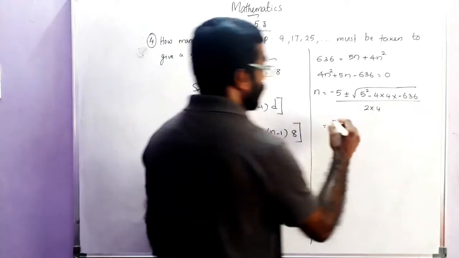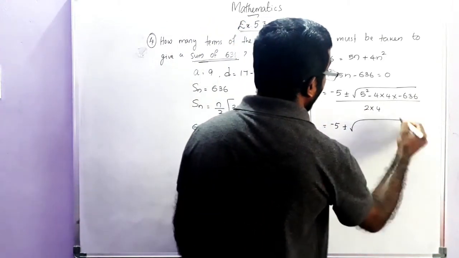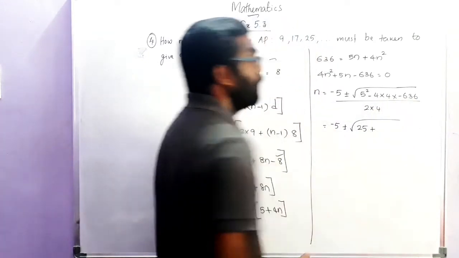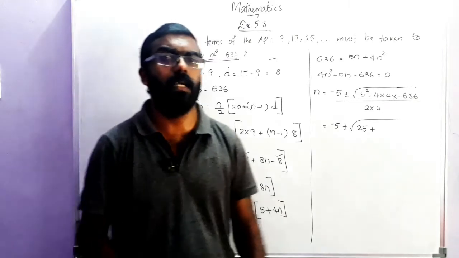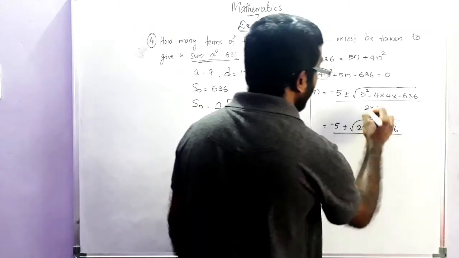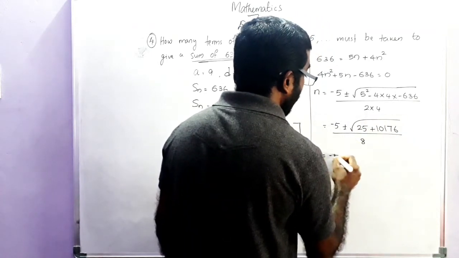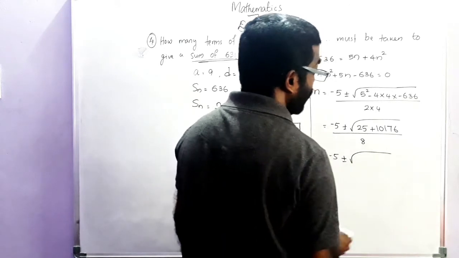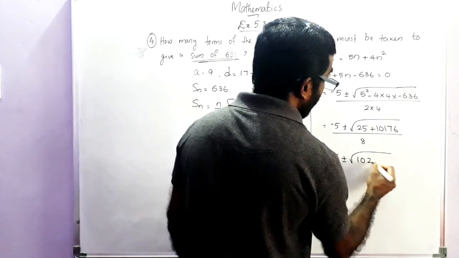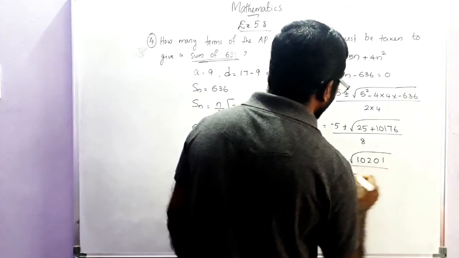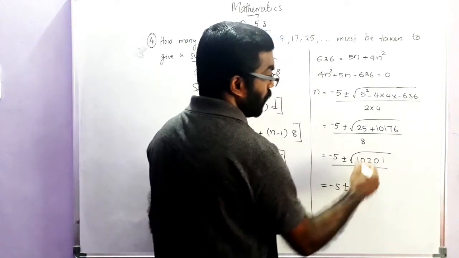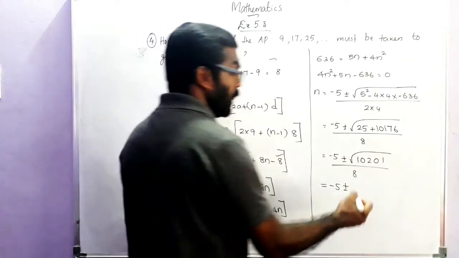Okay, that is minus 5 plus or minus root of 5 square is 25, then minus into minus plus 4 into 636, and it is 10,176, divided by 2 4s are 8, which is equal to minus 5 plus or minus root of, you can add these two numbers, it becomes 10201 divided by 8.